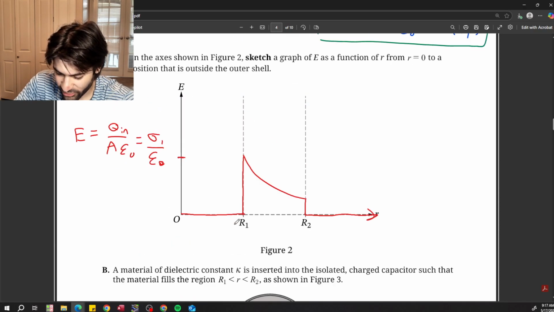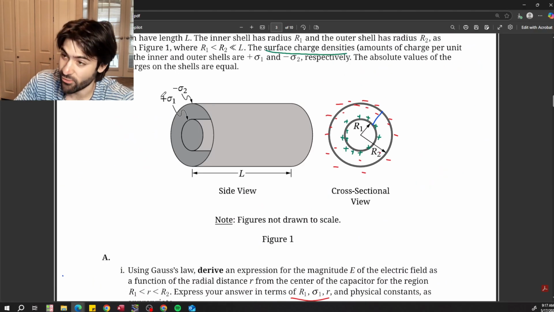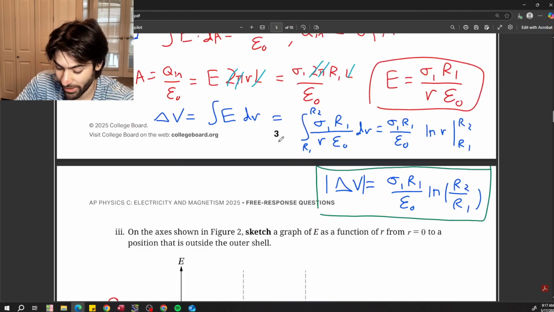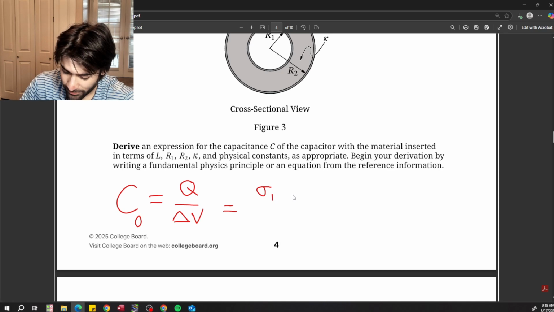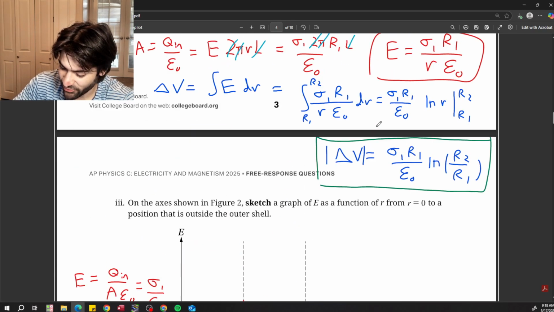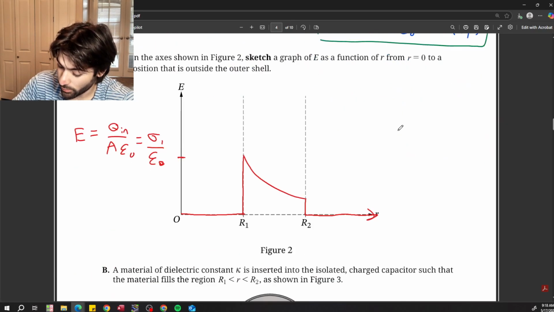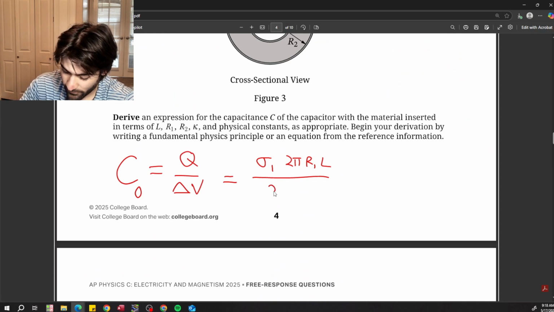So if you remember what the charge is, the charge plus or minus is both the same. We could just use sigma 1 times the surface area of this, which was 2 pi R L. So it'll be sigma 1 times 2 pi R1 L all over the expression that we just derived for the potential difference, sigma 1 R1 all over epsilon naught, ln of R2 over R1.